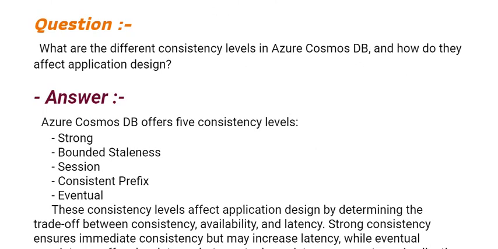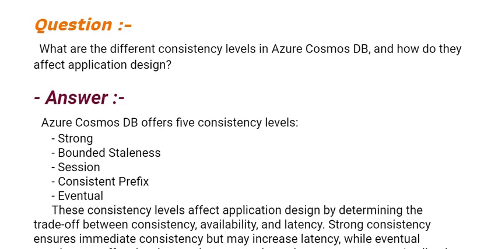The next question is, what are the different consistency levels in Azure Cosmos DB and how do they affect application design? Your answer should be: Azure Cosmos DB offers 5 consistency levels. The first one is strong, second one is bounded staleness, third one is session, fourth one is consistent prefix and fifth one is eventual.